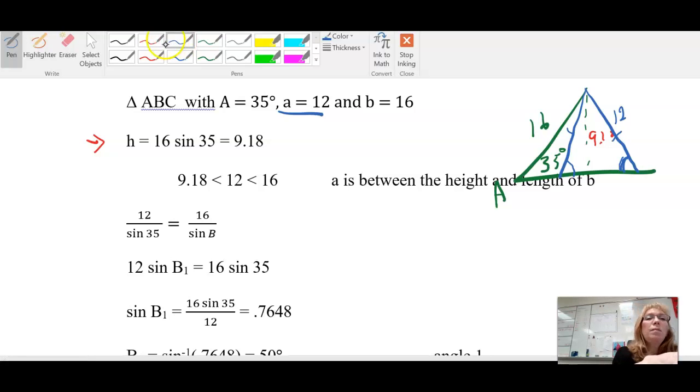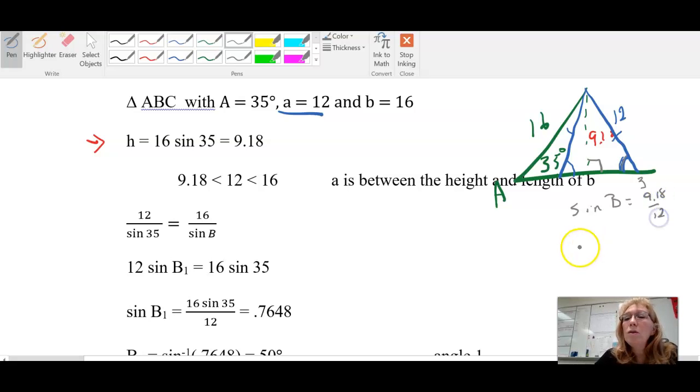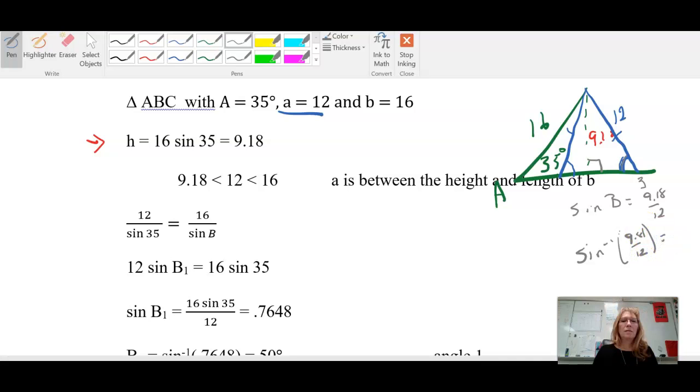The other way to do it, let me show you just because I think it's interesting. When we drop our height down, this is a 90. If that's a 90, I can use sine. So the sine of this angle, B, is equal to opposite over hypotenuse, 9.18 over 12. Use your inverse sine of opposite over hypotenuse, and you get your answer.